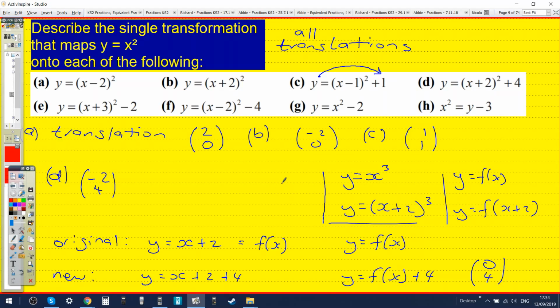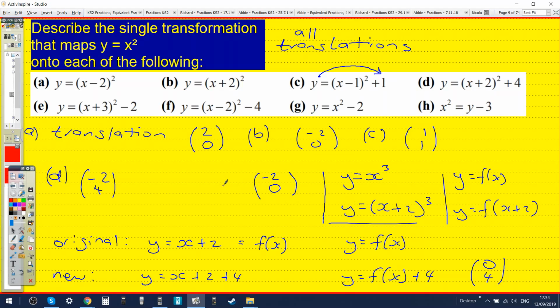To the x or y? To the x. So the translation is 2 places to the left. Or minus 2, 0. Yep, that's it.